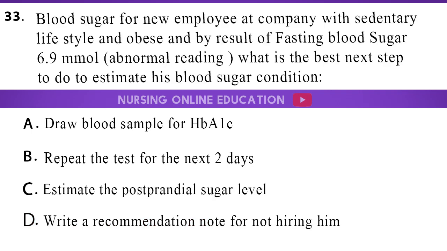33. A new employee at a company has a sedentary lifestyle and is obese, and his fasting blood sugar result is 6.9 mmol, an abnormal reading. What is the best next step to estimate his blood sugar condition? A. Draw a blood sample for HbA1c. B. Repeat the test for the next 2 days.